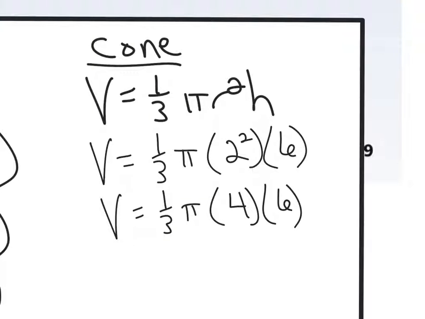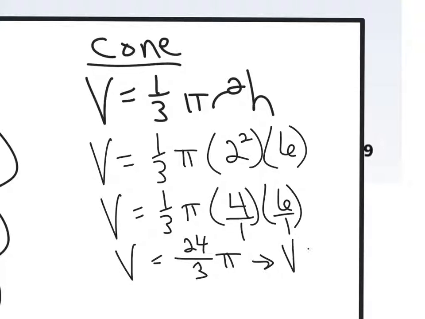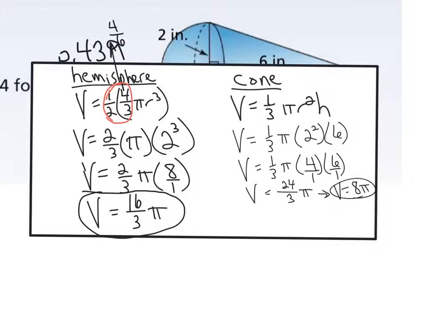At that point, if you want to go ahead and take 4 times 6, another option, if you want to, is just put those over 1 and get whatever number you have in front of pi here. 4 times 6 is 24, and 3 times 1 times 1 is 3. That actually comes out nicely. So that would be 8 pi. So we've got 8 pi for the cone.